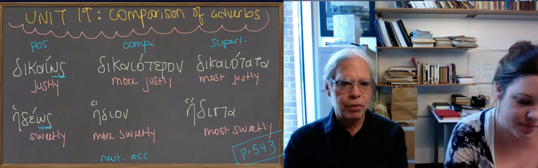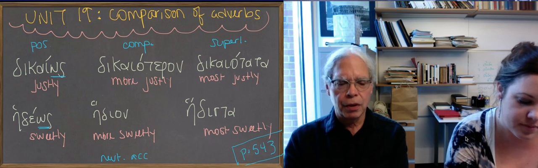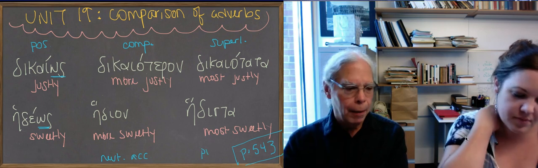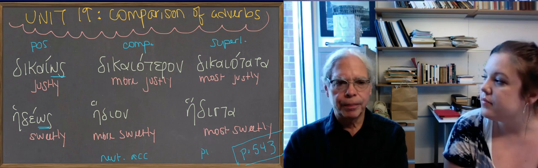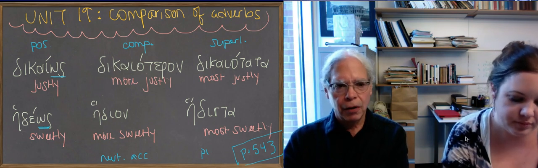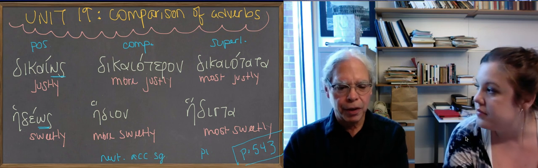It's just an oppositional phenomenon. The standard adverbial form being the neuter accusative singular. So dikaiotata falls into the same class, but it's distinct from the comparative form. But there are lots and lots of adverbs that follow this pattern, and you'll see it often in real Greek.